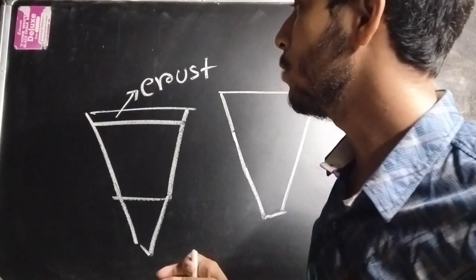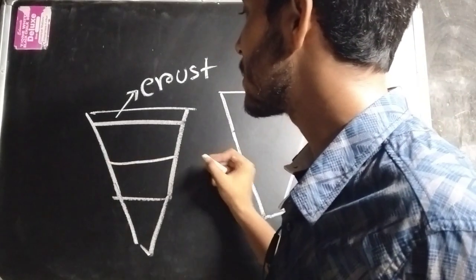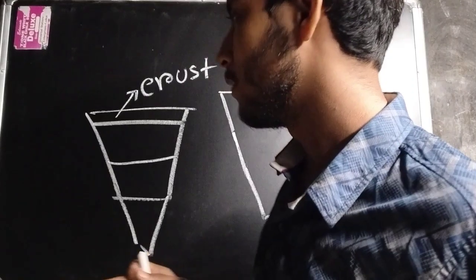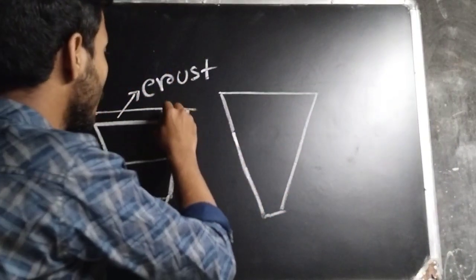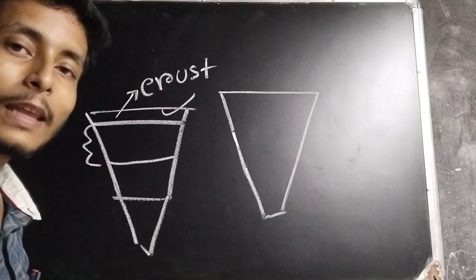When we are discussing the mantle, we should know its location. Where is the mantle? The crust is the topmost layer of the earth and the mantle is the second layer.